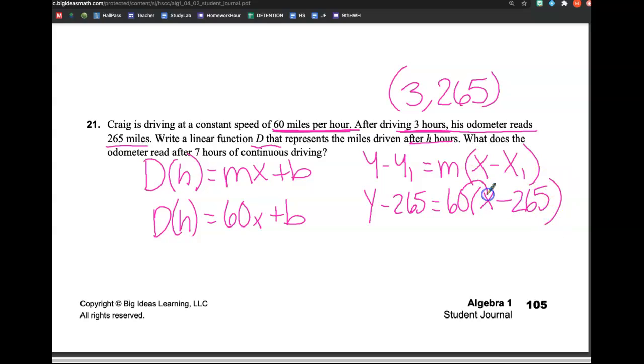To solve, I'm first going to distribute. So I get 60x minus... hold on a second, we did something wrong here.